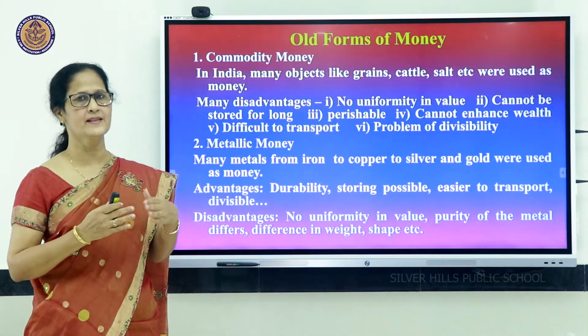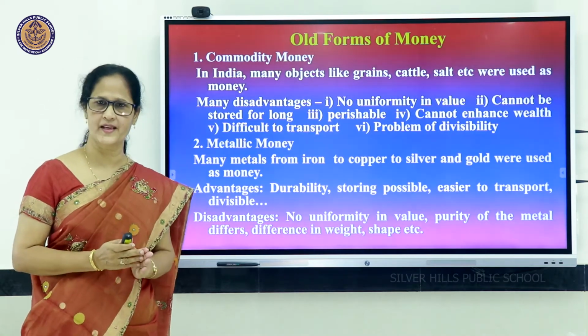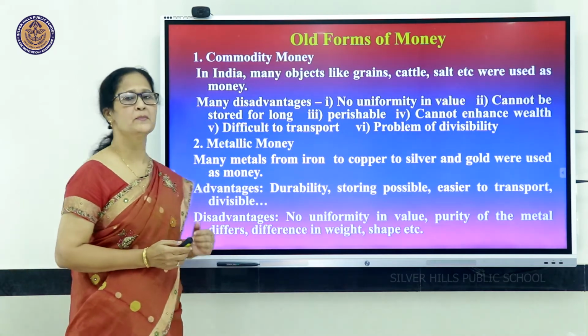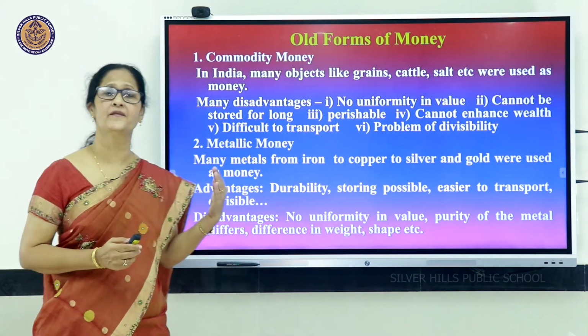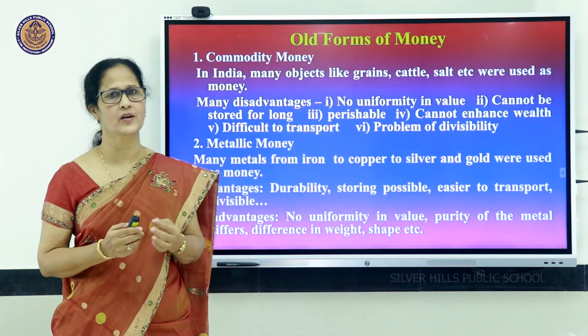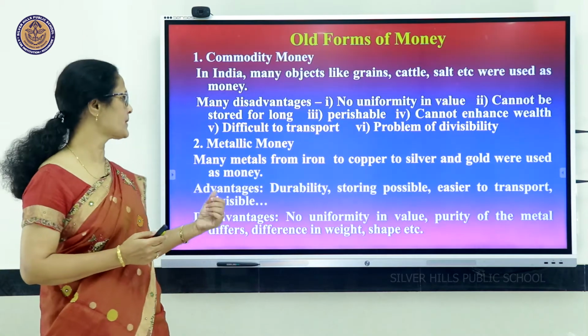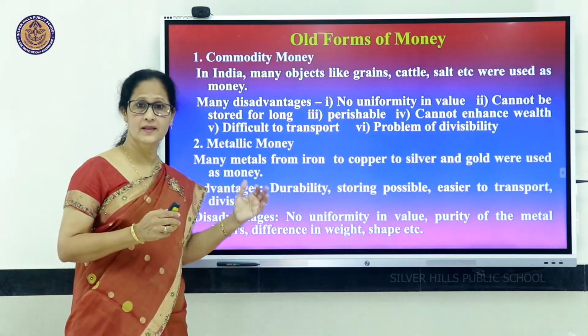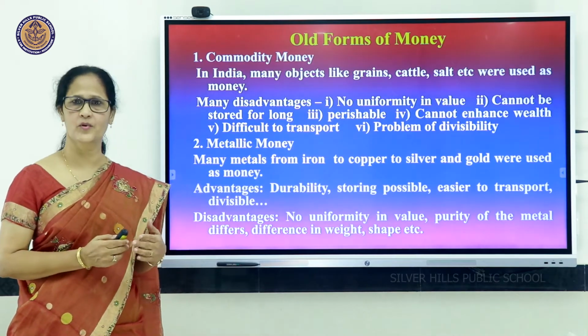So human beings innovated and came to the next phase of money, and that is metallic money. Human beings used many different types of metals, from pieces of iron and copper to precious metals like gold and silver as money. Now this metallic money had an advantage over commodity money.